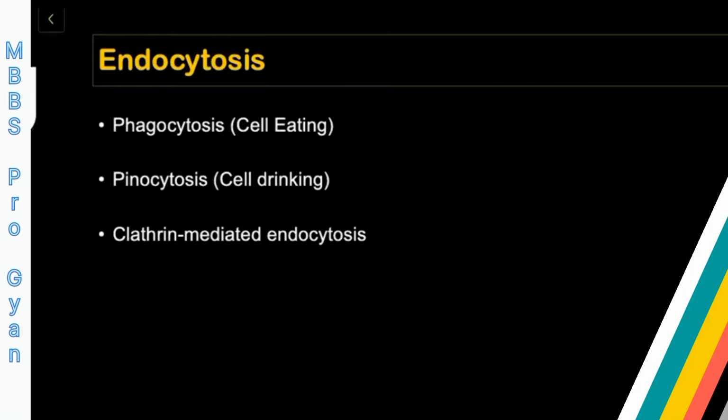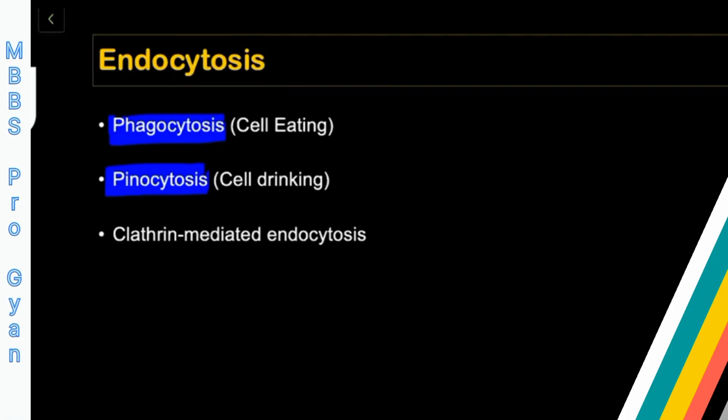In endocytosis, large molecules enter inside the cell. All of you know from your class 2 level knowledge that endocytosis is of three types. One is phagocytosis, that is cell eating. Pinocytosis, that is cell drinking, where fluid, the liquid, enters the cell.